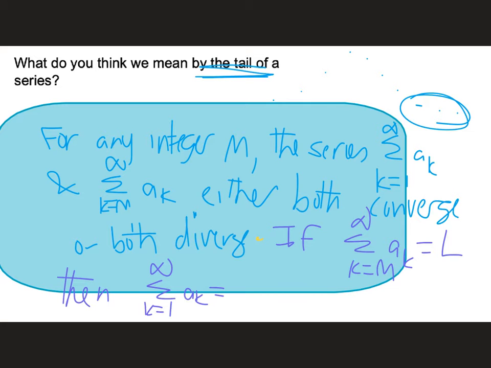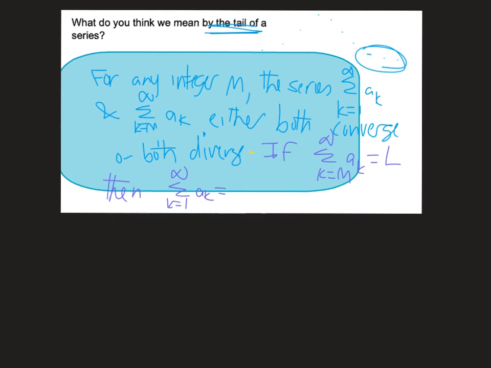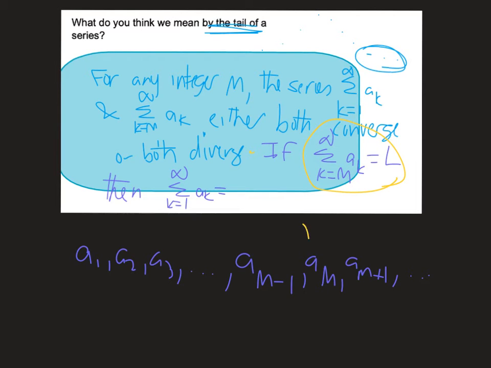So this is saying, if I take a1, a2, a3, however many we got, a_(m-1), a_(m+1), dot, dot, dot, keeps going. So this part deals with these terms and adding them up.